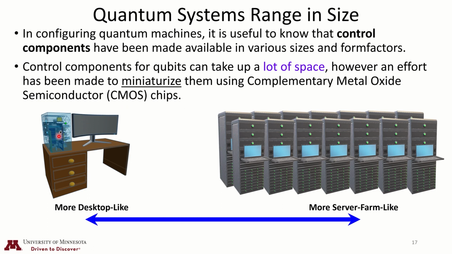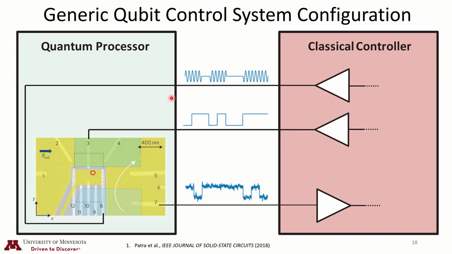The control chips will control the qubits, because as I mentioned before, the qubits themselves are small chips that you can hold in your hand, and in order to control that, you need to interface it with something that's useful. So in this case, it can be done with semiconductors.